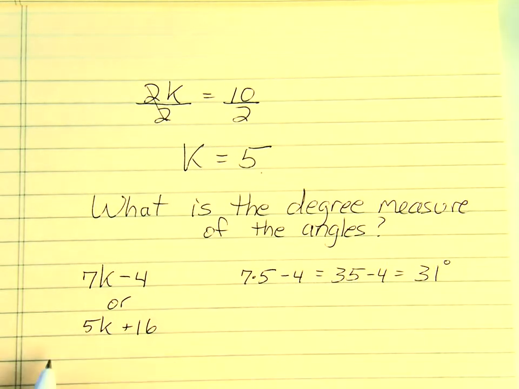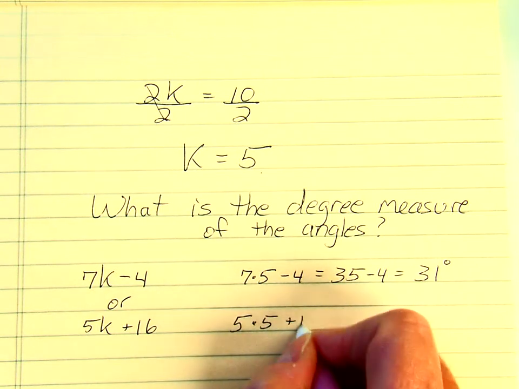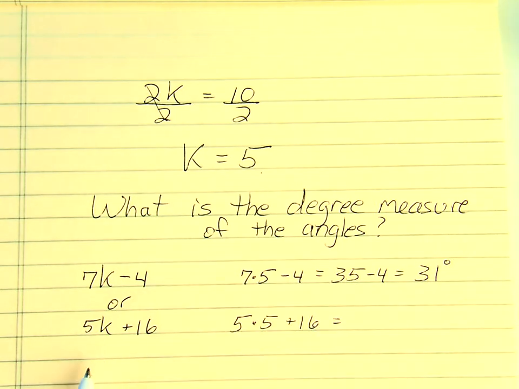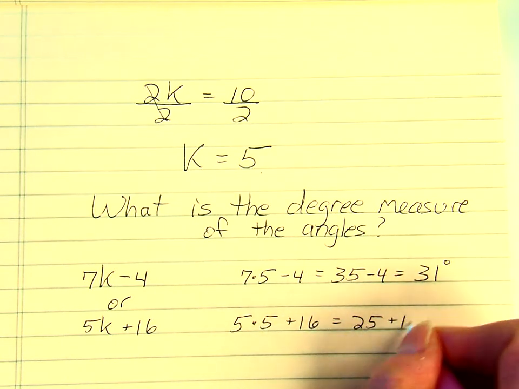If we did it with the second expression, we would have 5 times 5 plus 16, and this equals, well, it looks like I've got a little problem here. 5 times 5 plus 16, 25 plus 16.